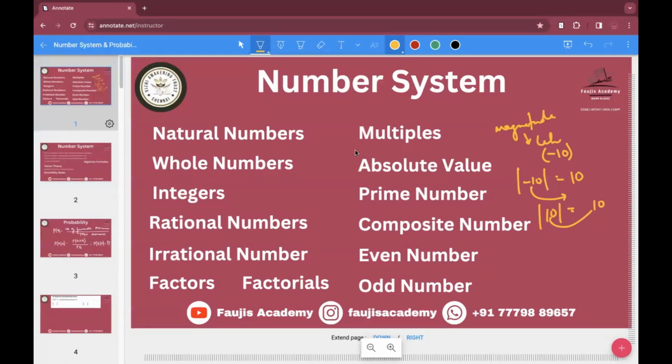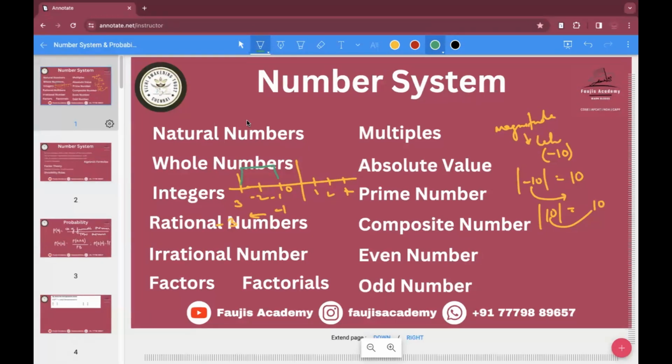Right? Okay. What we essentially mean by absolute value is this. If I have to talk about the numbers from -1 up till -3, this is how we'll represent them on the number line.